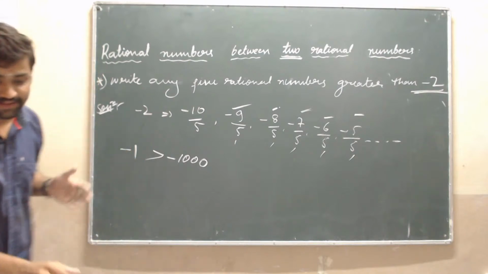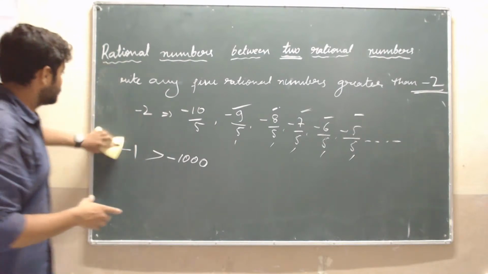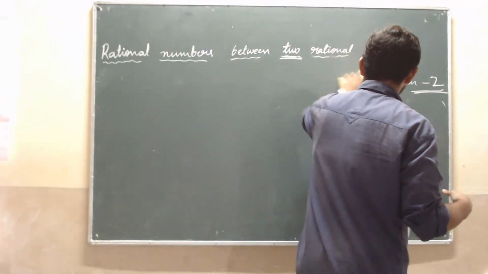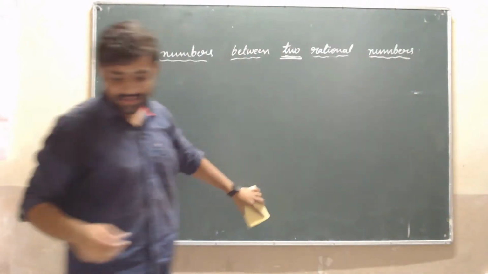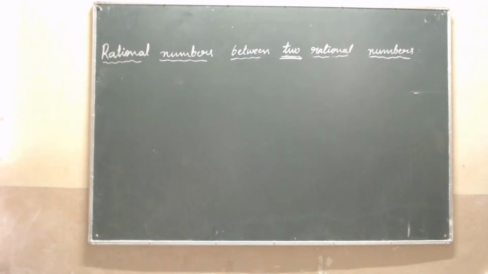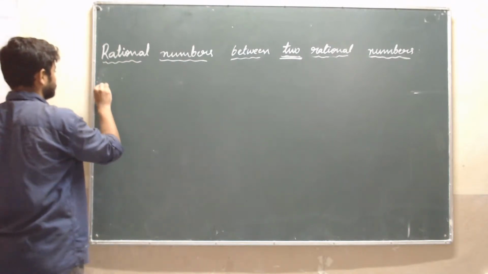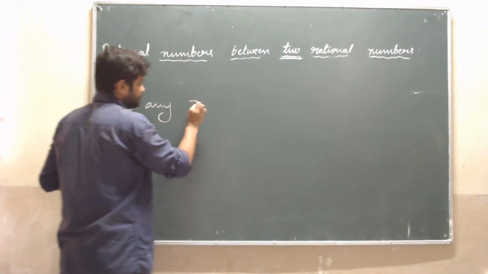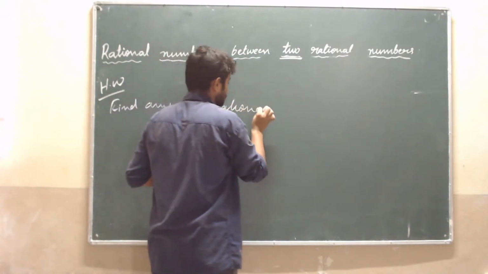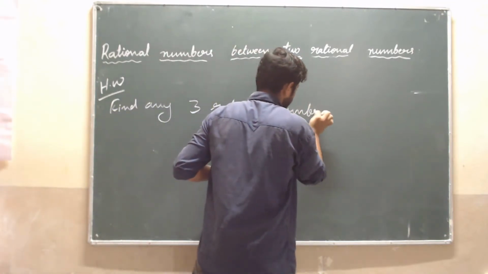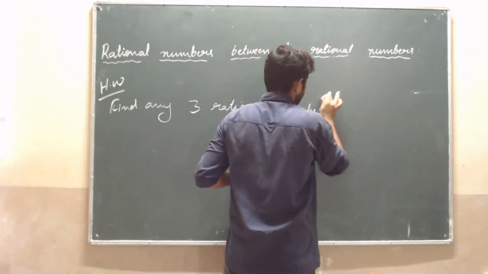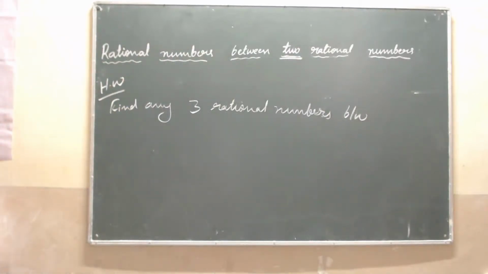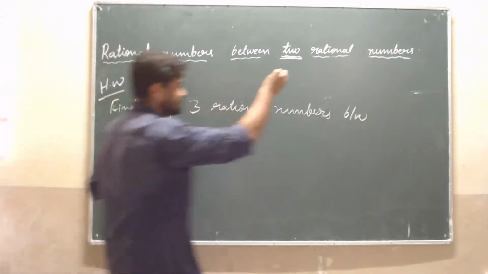Okay? Yes. So I will give you some homework. Not some, only one I will give you. That is, find any 3 rational numbers between minus 3 by 2 and 5 by 2.